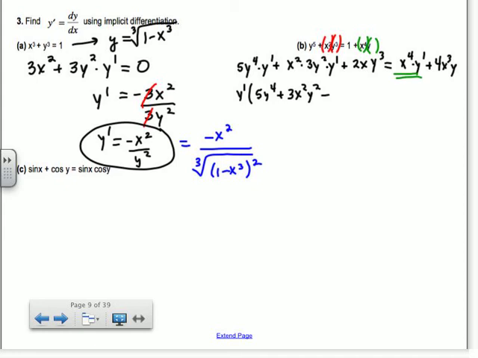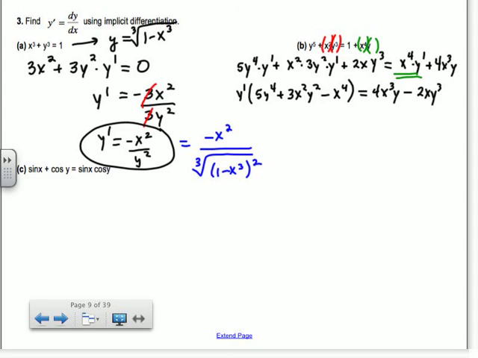Hard with primes because then it looks like y to the 1st. Equals everything else that doesn't have y prime goes on the right side. So I'm going to have my 4x cubed y that I had before, and then minus 2xy cubed.